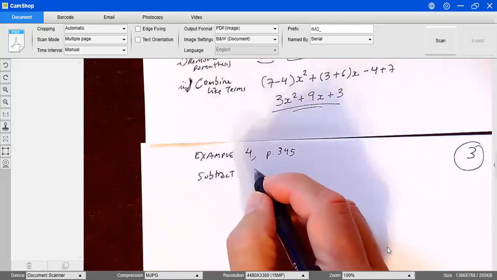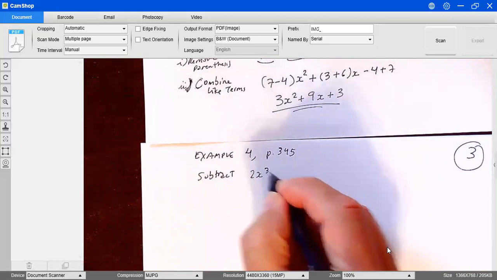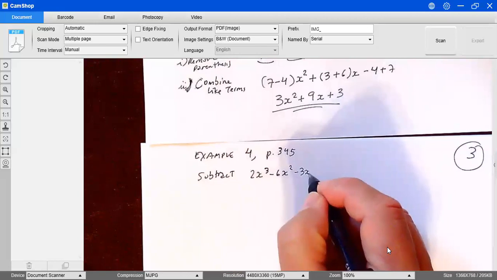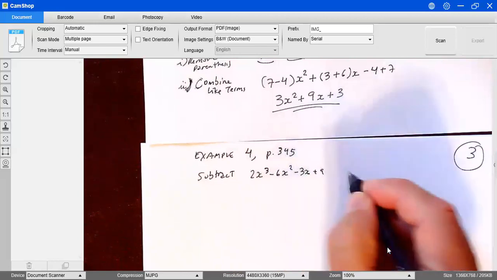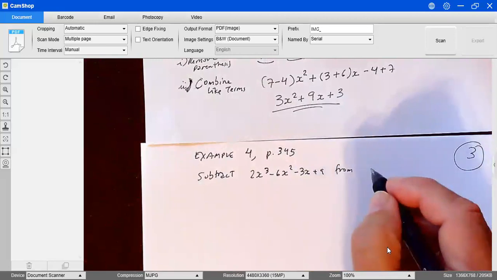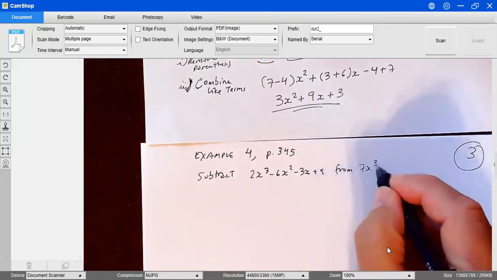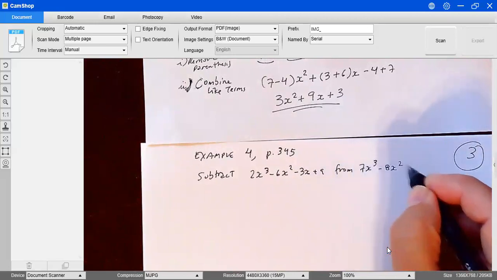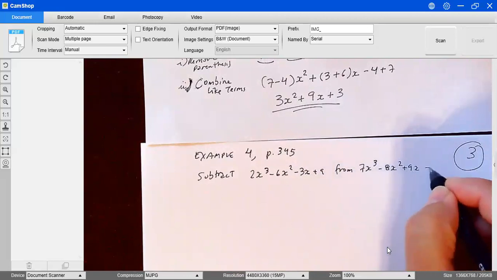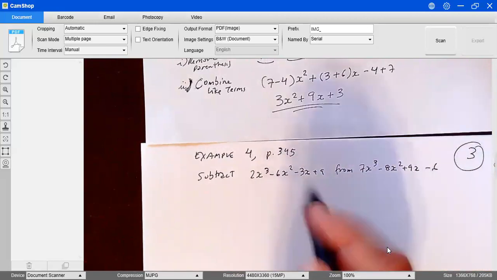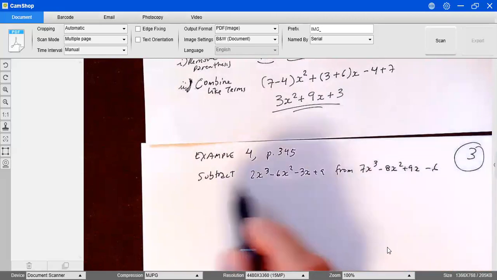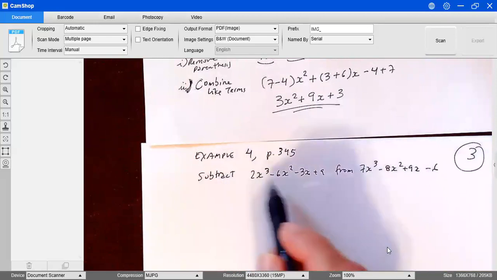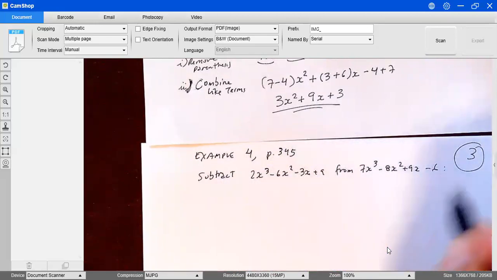Now we have 2x cubed minus 6x squared minus 3x plus 9 from 7x cubed minus ax squared plus 9x minus 6. So this is the case when we need to translate a partial English sentence, because it's partially English and partially algebraic, into only algebraic.